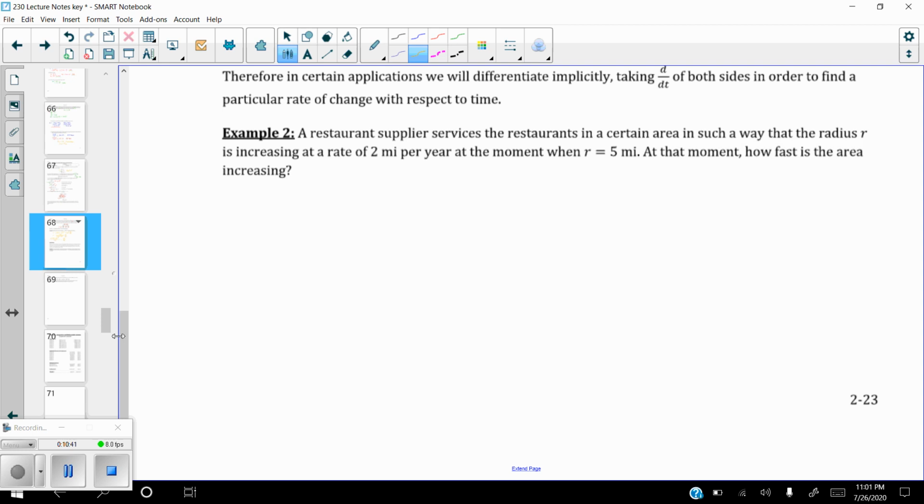It's a lot of complicated stuff with all the restaurants, but really all it's saying is I've got something circular, because it has a radius. And we want to know, when the radius is increasing at 2 miles per year at the moment when the radius is 5, how is the area increasing?